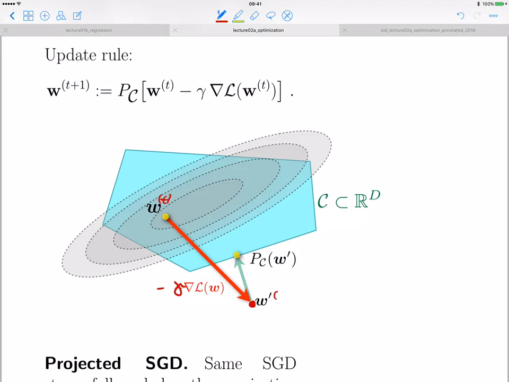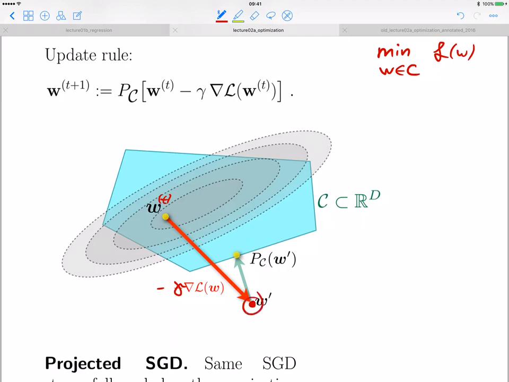But then we can't do that because that point is not in the set. So we are in trouble. It's not legal, right? We only want to optimize over points in the set. So we need to stay in it. So we want to minimize only over the w's in the set C. That's our task, and this is clearly not doing this job.